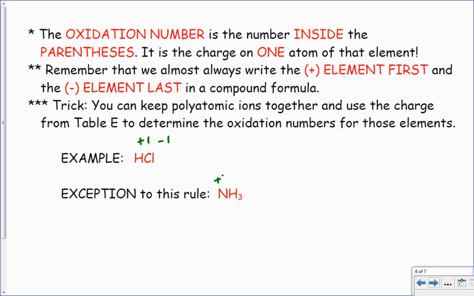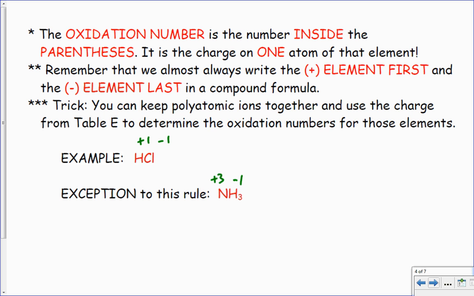Nitrogen is a +3, hydrogen is a -1, or it'd be a -3. So both work, and I have no way to know which one is which. This is the exception for hydrogen when it's actually a -1.